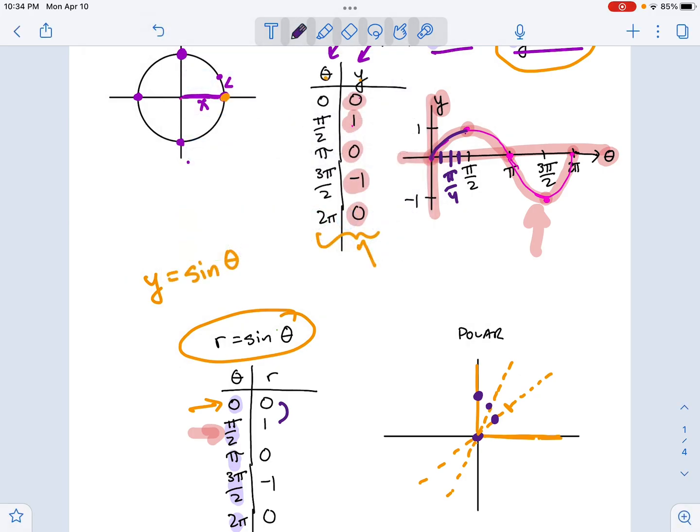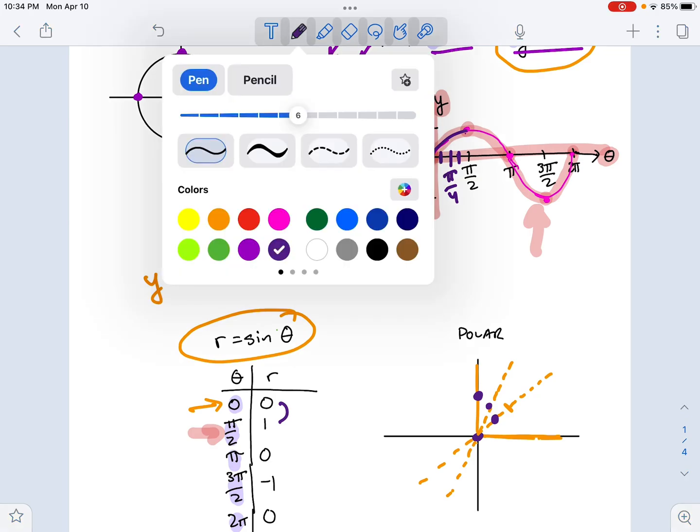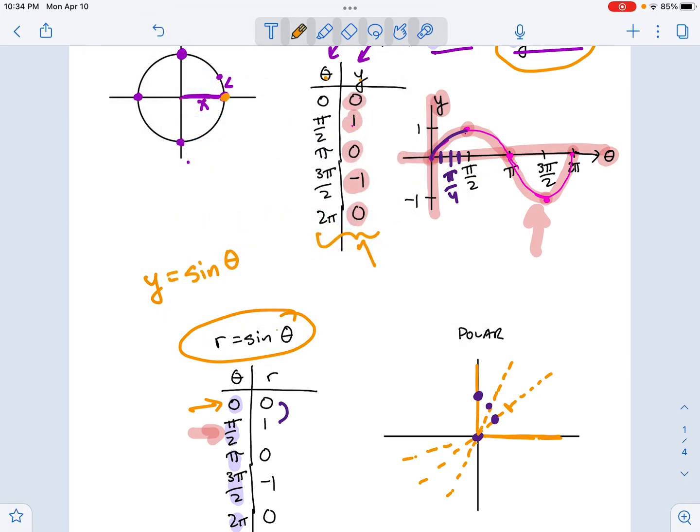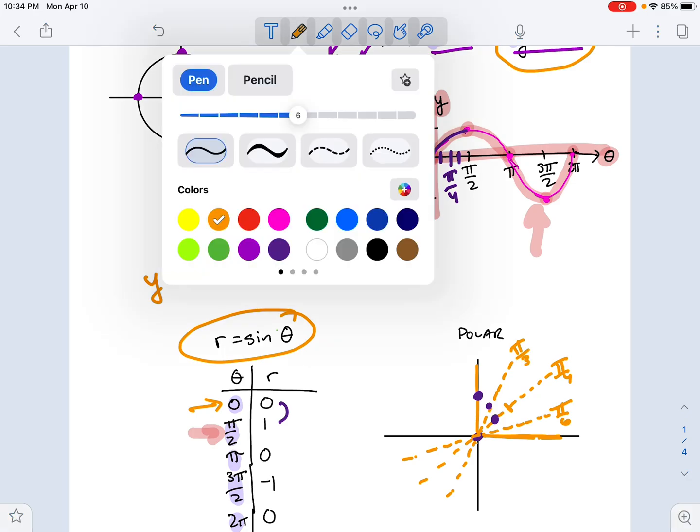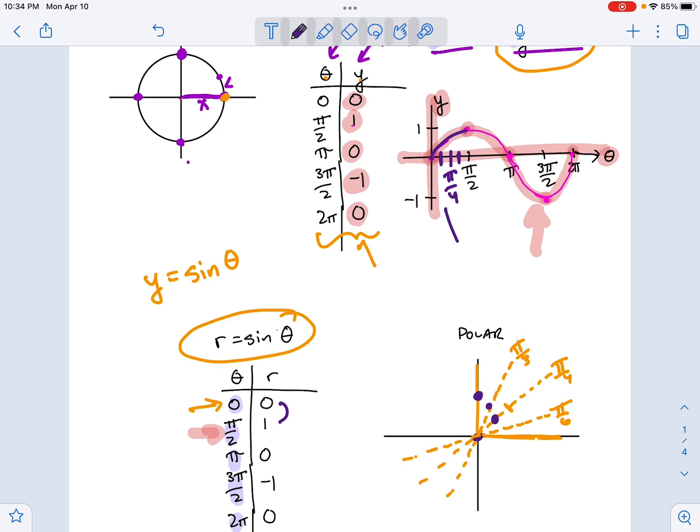And if you picked a point at pi over 6, it's not 0, it's getting bigger, but it's still pretty close to 0. So that point would probably be something like this. If you were to plot this, it might look something like that.